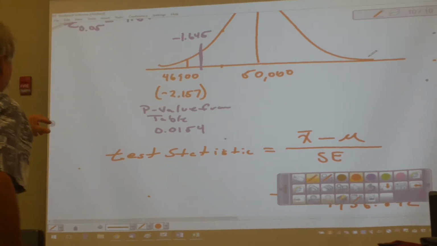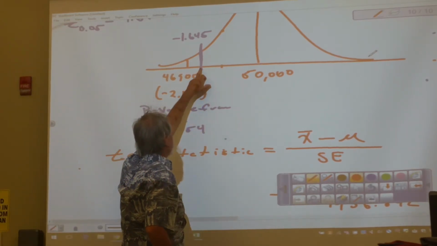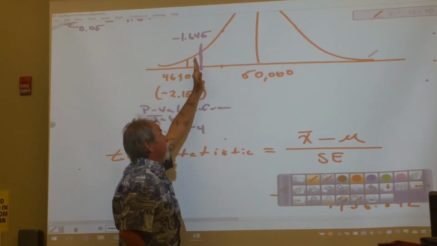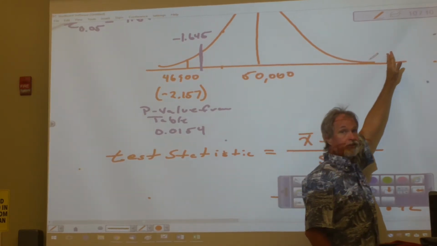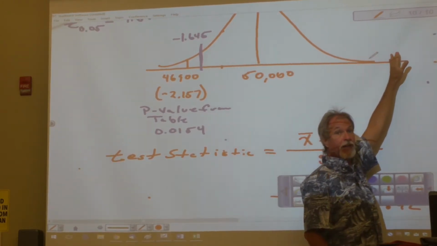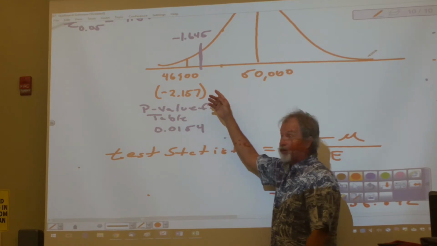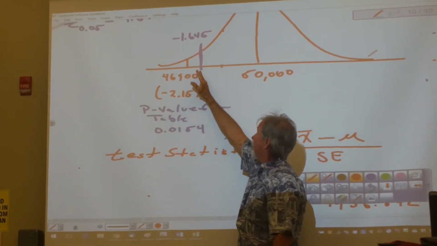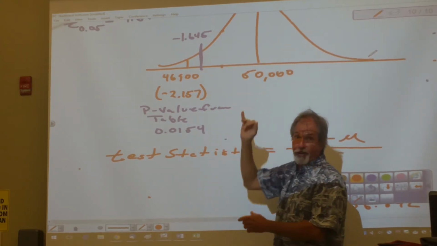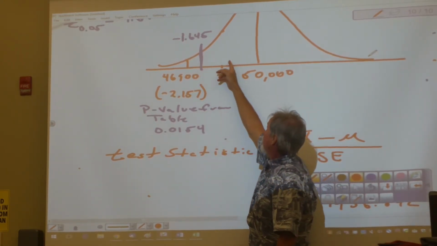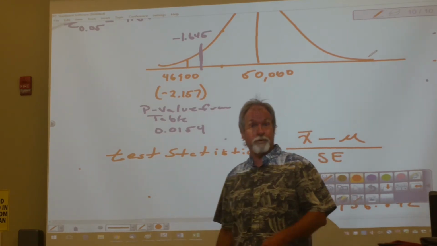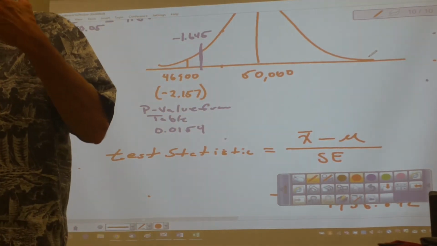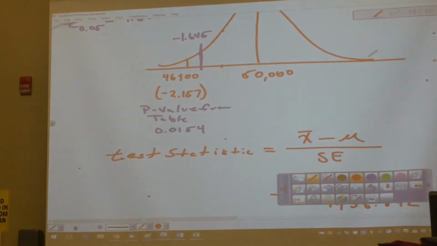So what this is saying is, if I'm more than 1.645, that means I have 95% of my table up here. So I would expect 95% of the time, if I was doing this, I would get a calculated test statistic that's up here, that would be less than the table value, if the 50,000 miles was actually true.